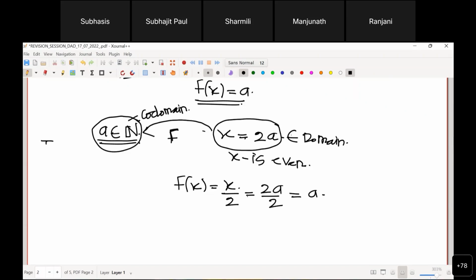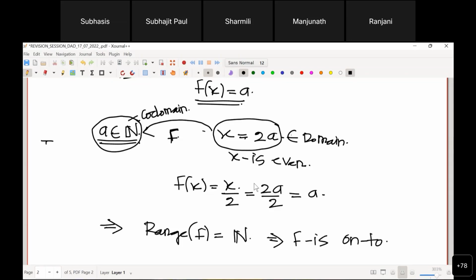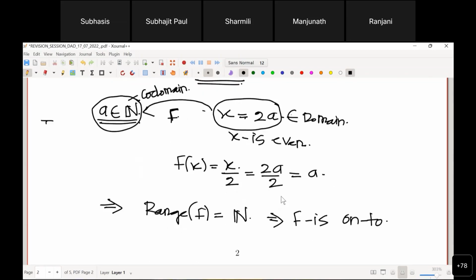So f takes this x to this a. That means the range of f is n, so f is onto. Is it clear how we showed that this function is onto? Yes. Okay, fine.